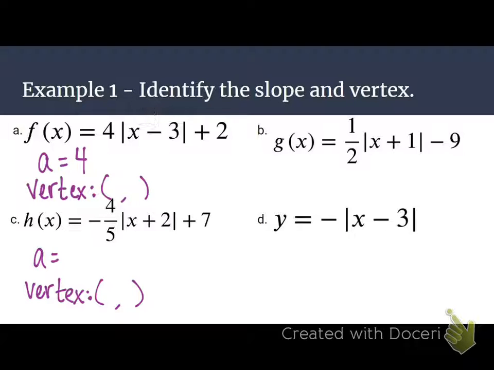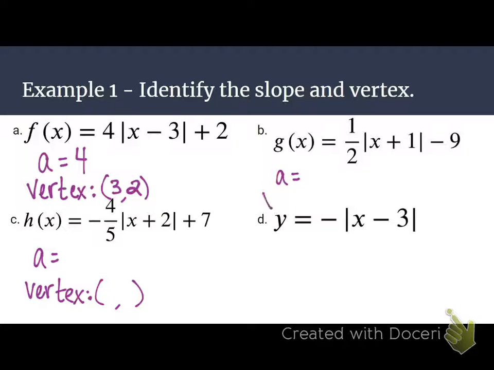So it would be a positive 3. The y coordinate, we use the sign we see. So it would be a 2. Okay, opposite of the sign we see, same sign. And that's all that they asked us to do. Just find the slope and the vertex.